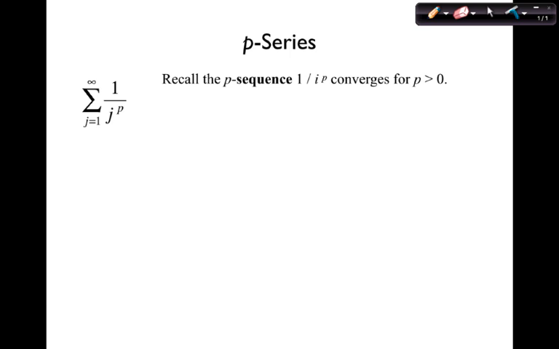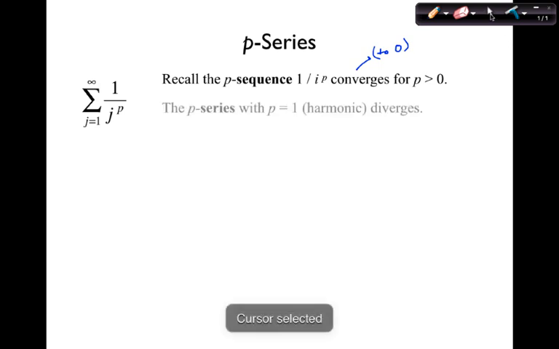That's the sequence. So what about the P series? We just saw the harmonic series diverges. That's the P series with P equals 1.